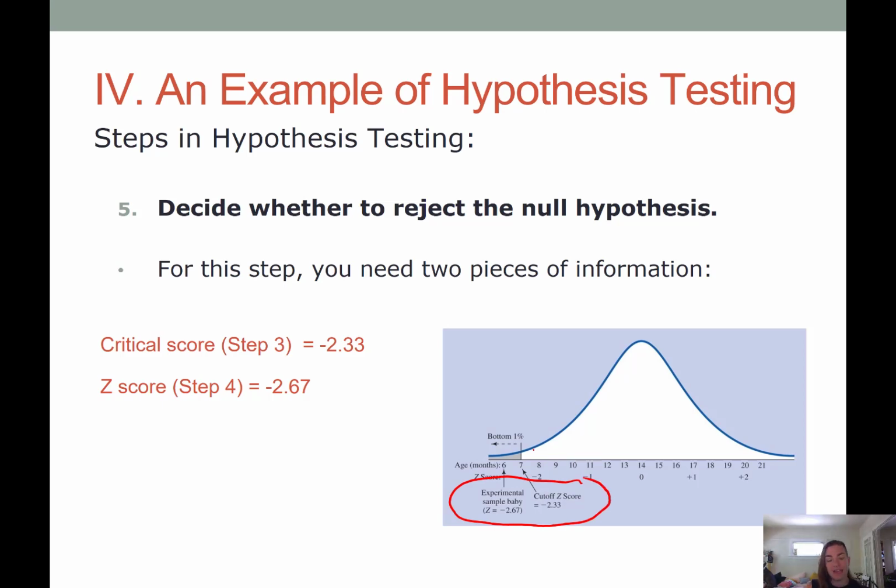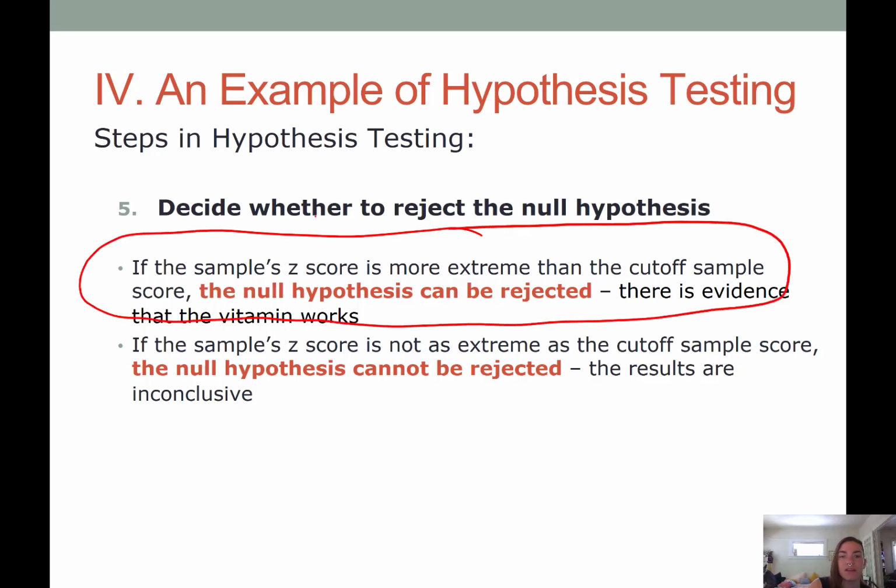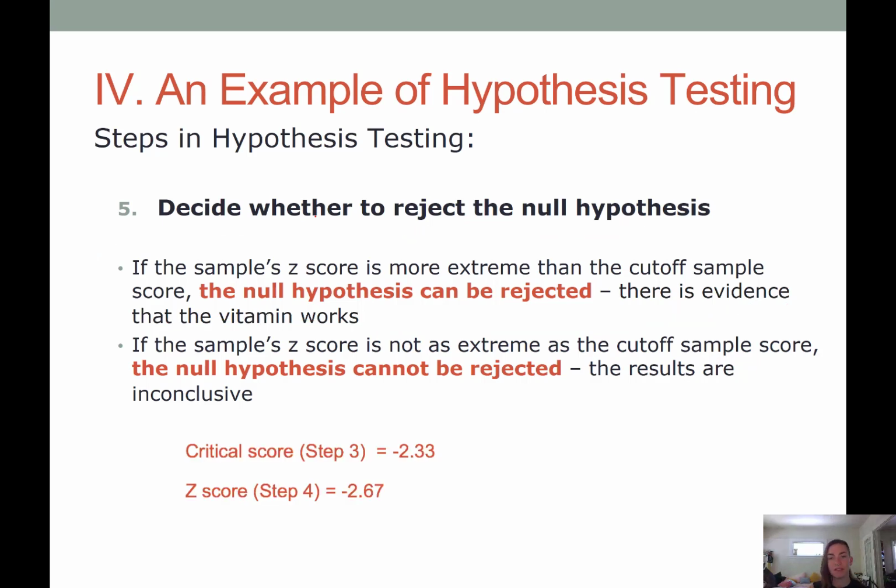My experimental sample baby has a z-score that is more extreme than the critical cutoff value, or in other words, has a score that falls in the shaded rejection region on my comparison distribution. So I conclude that if the sample z-score is more extreme than the cutoff score, the null hypothesis can be rejected, and I have support for the research hypothesis.